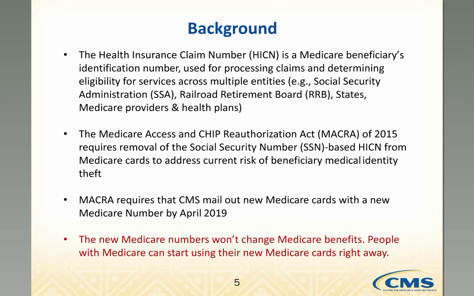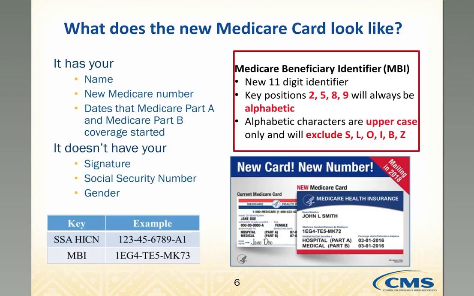It is important to note that the new Medicare numbers do not change the benefits. People with the Medicare card can start using it as soon as they get it. What we really need is your help to give beneficiaries accurate information about what they can expect and what the card looks like so that we can continue to prevent fraud and abuse.